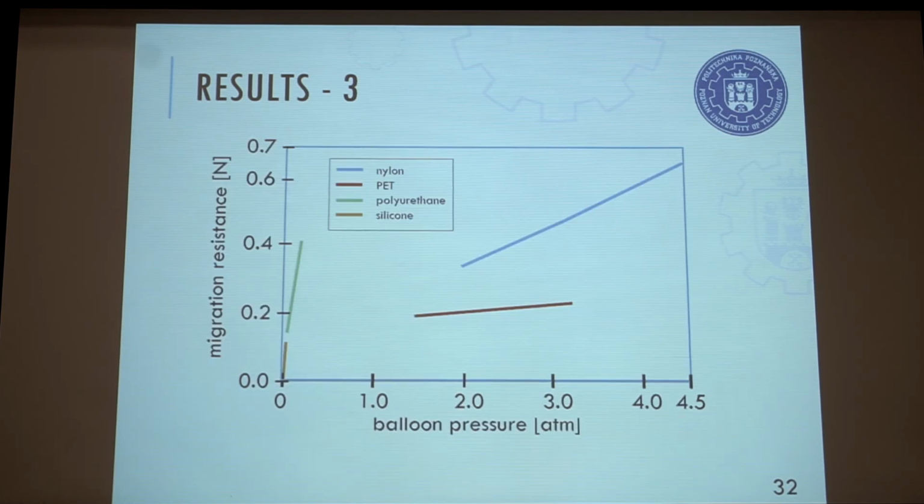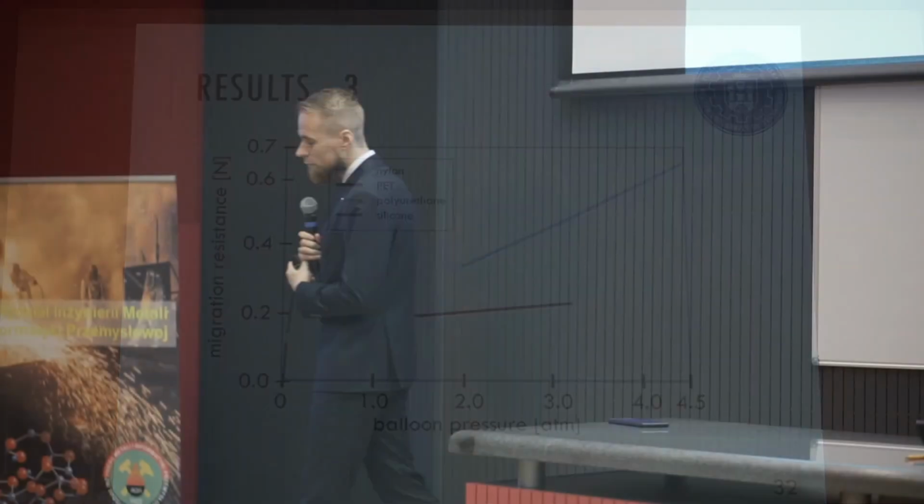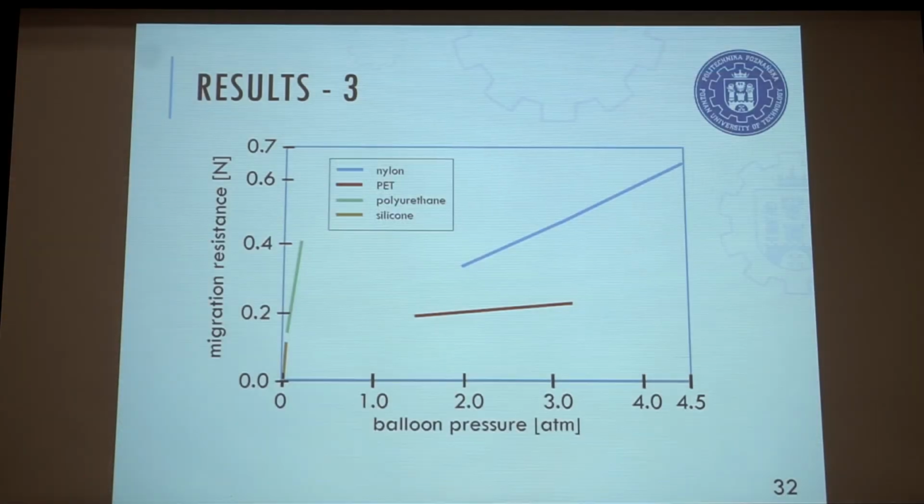Okay, and now the last plot from the results. This also regards the 4 commercially used balloon materials. Here you see the plot of migration resistance for different balloon pressures.